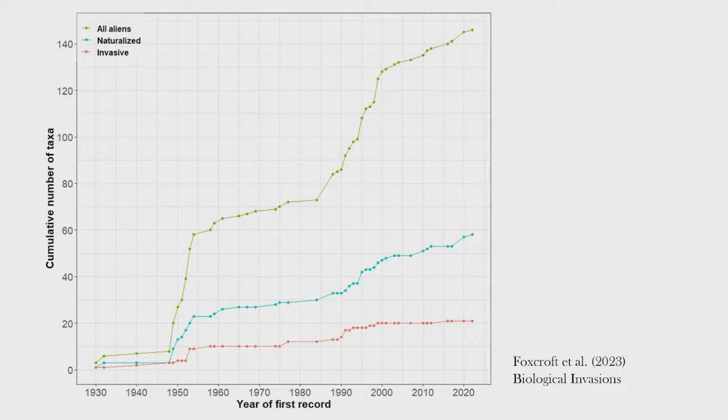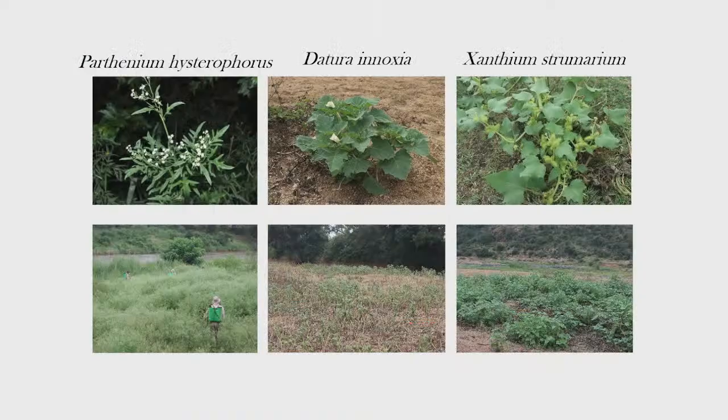And among these 146 species, there are 3 that are particularly controversial, and I guess you can imagine which ones they are. We go back to these 3 annual plants: Parthenium hysterophorus, Datura inoxia, and Xanthium strumarium. They are all native to the Americas. As Martin and Honza already said, they are annual plants, so during the growing season they are alive, they occupy large areas, and they dominate the invaded community, but after the growing season, they die, they decompose, they disappear.